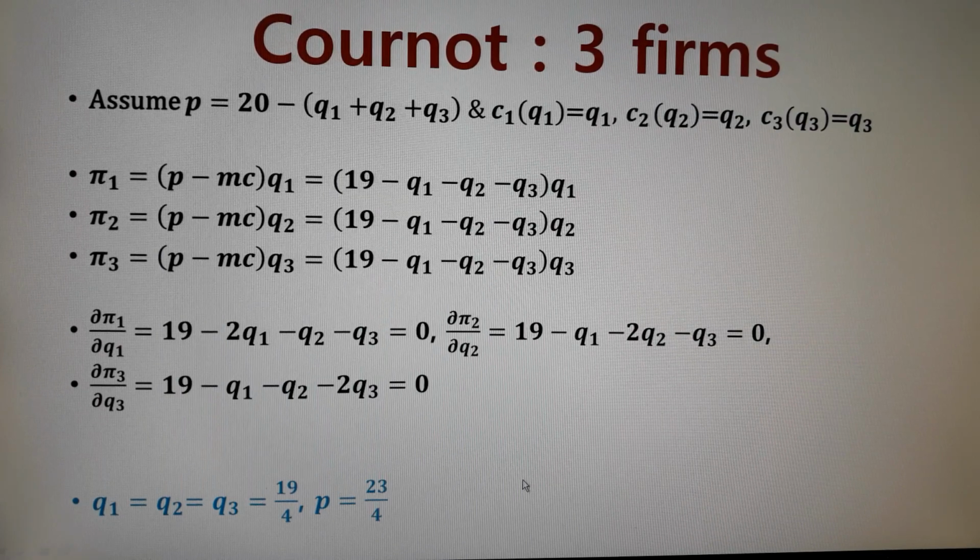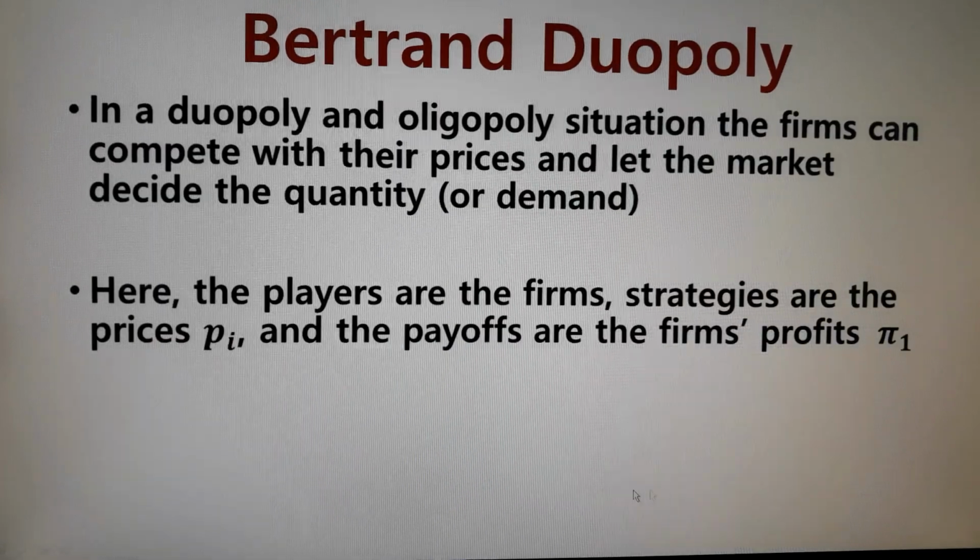And if you are asked to find the Cournot-Nash equilibrium in this oligopoly case, that is Q1 equals 19 over 4, Q2 equals 19 over 4, Q3 equals 19 over 4, because they are the strategies. Then you got the perfect point. Okie dokie.